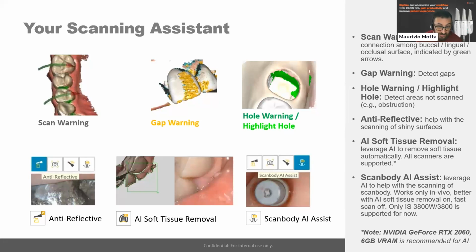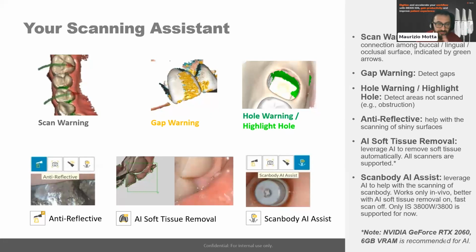The gap warning is actually really important, especially for implant cases. If you are doing immediate loading, for example, and you have blood because you just placed your implant, you need to be careful because saliva and blood create problems with the surface, with your tissue.